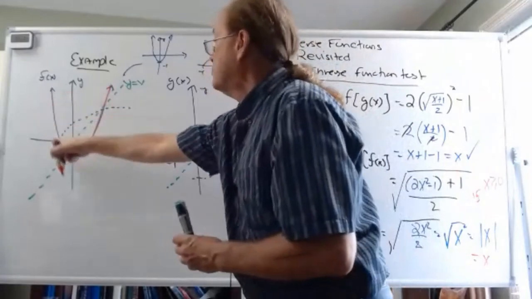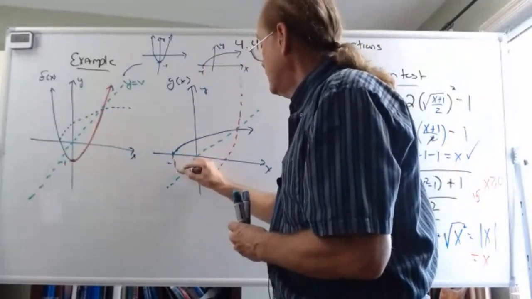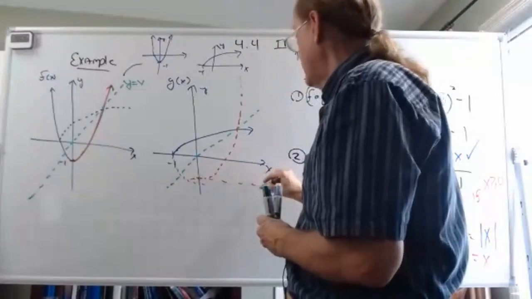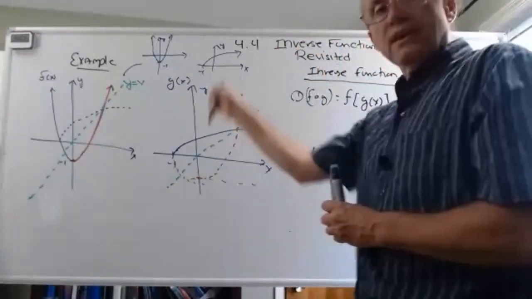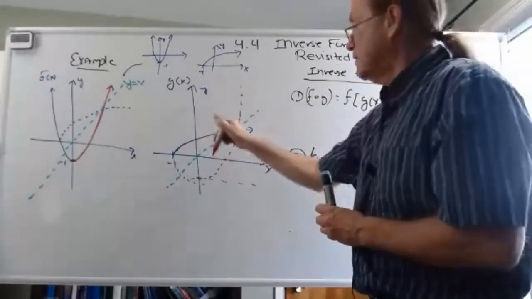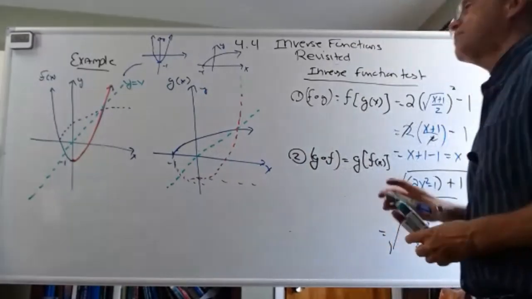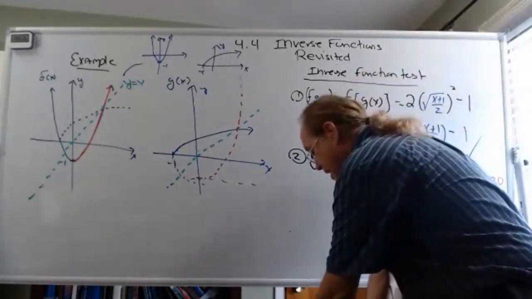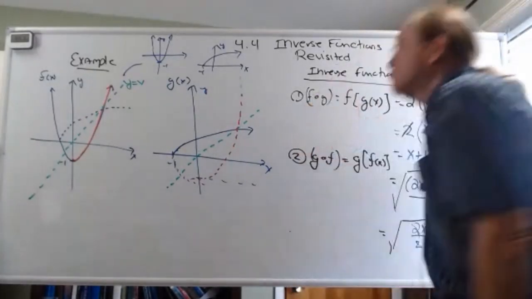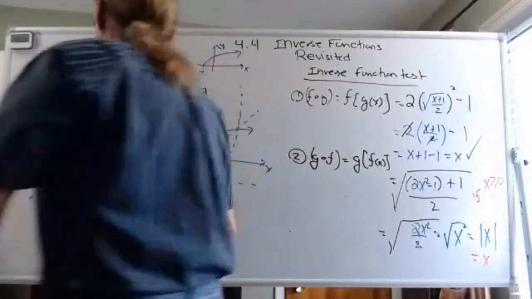If I kept the blue line over here, it would no longer be a function anymore. My inverse would not be a function because it would not pass the vertical line test. So you have to understand all those parts of a function to make sure you can put everything together correctly.